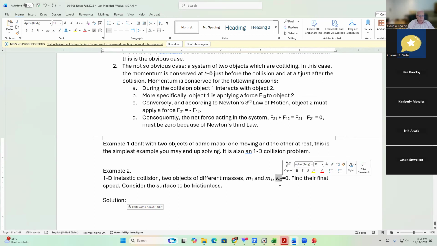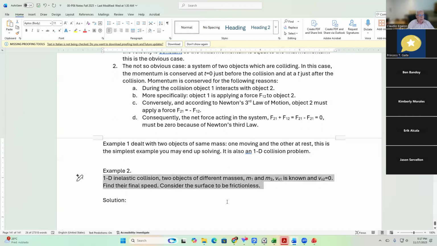V01 is unknown, and V02 is 0. Find their final speed. Again, consider the surface frictionless.